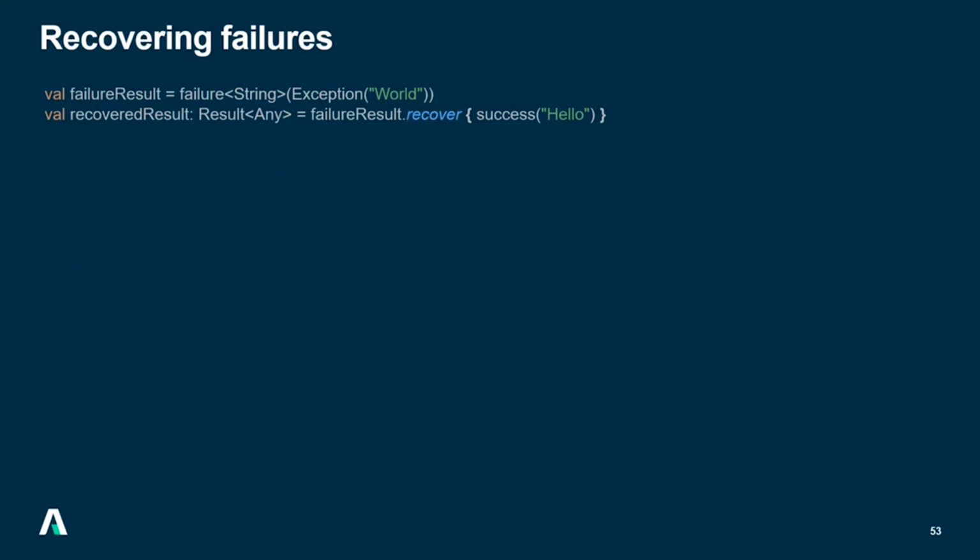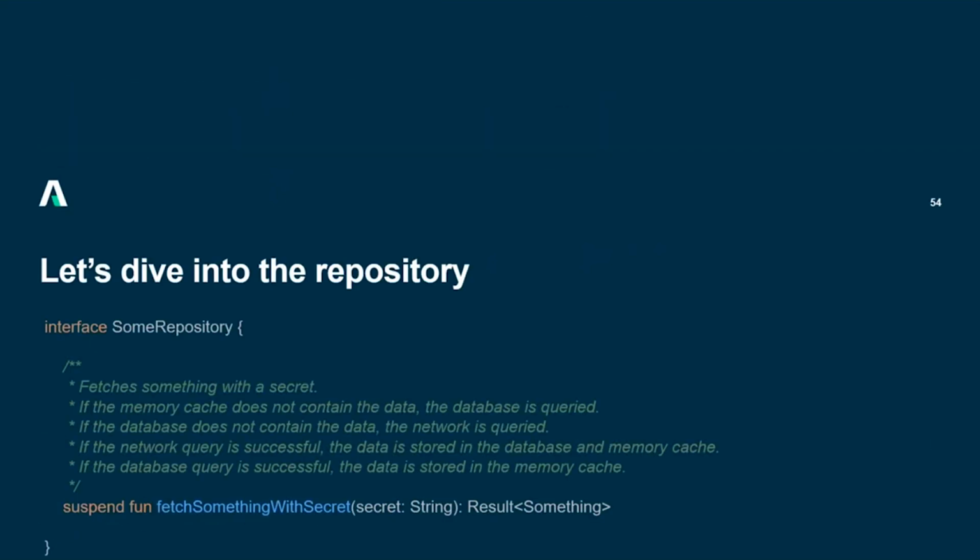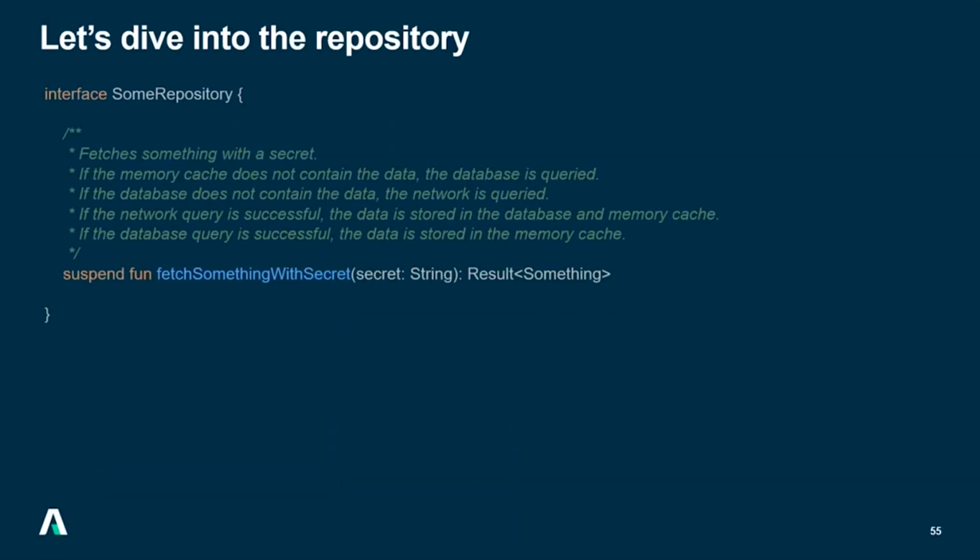So the final result type will be any, which is not what we want to see. So we want to have a flat recover that can basically take a new result object and then merge them together with the original one, and then try to recover the result. Great.